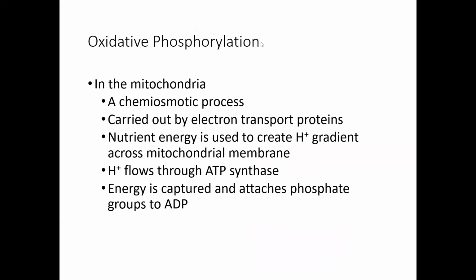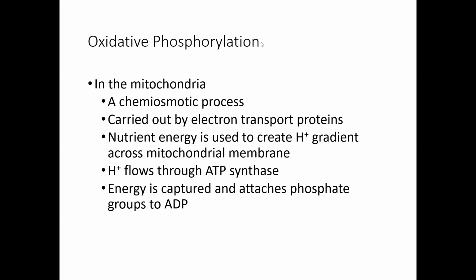Oxidative phosphorylation takes place in the mitochondria. Here we are going to use a series of enzymes embedded in the inner membrane of the mitochondria. It has an inner membrane and an outer membrane. These electron transport enzymes are embedded in the inner membrane, and they function as pumps.